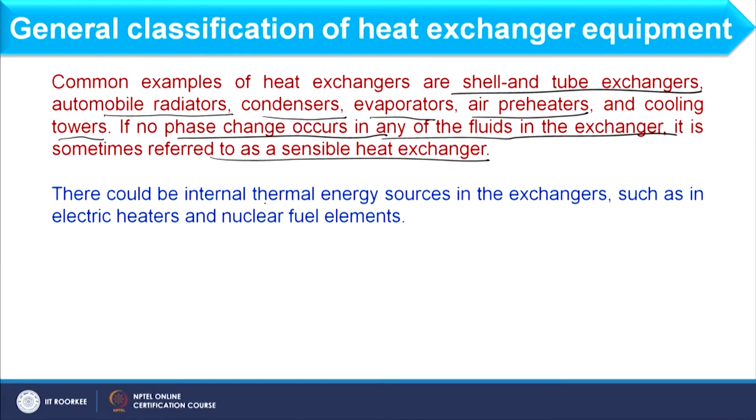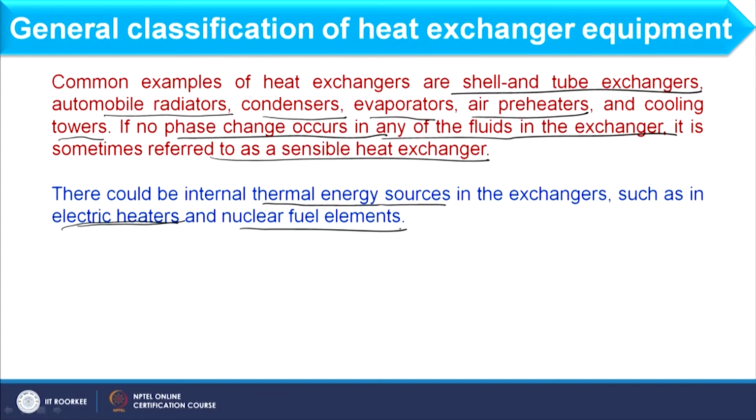So, these are some common examples of heat exchangers, and further there could be internal thermal energy sources in an exchanger, such as an electric heater and nuclear fuel elements. You must have seen the water heater in your houses.